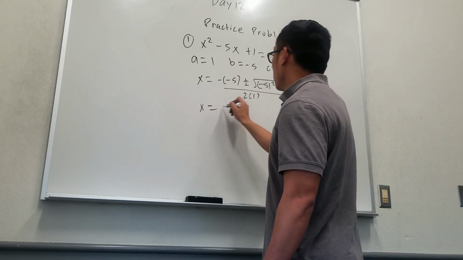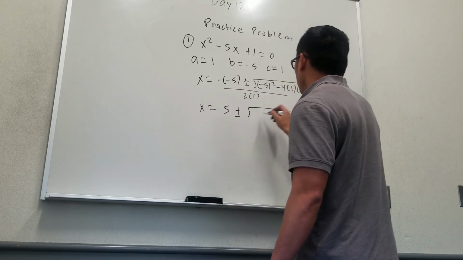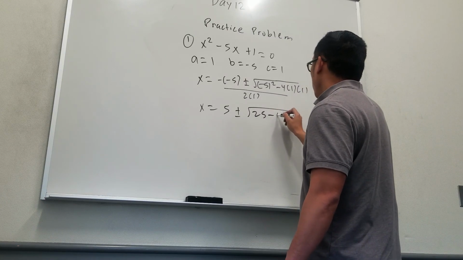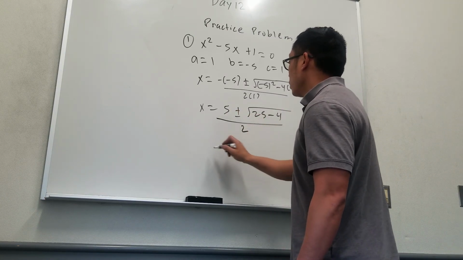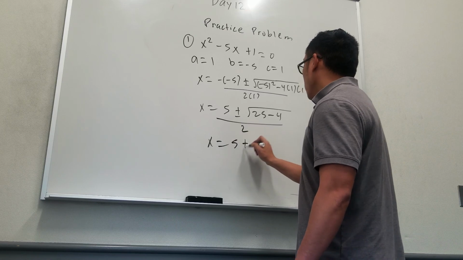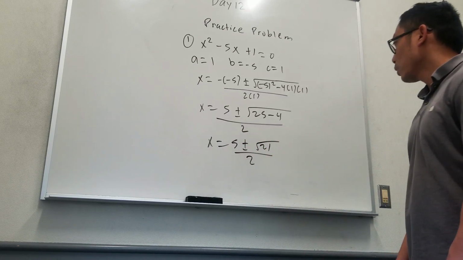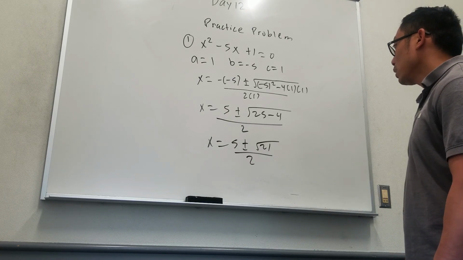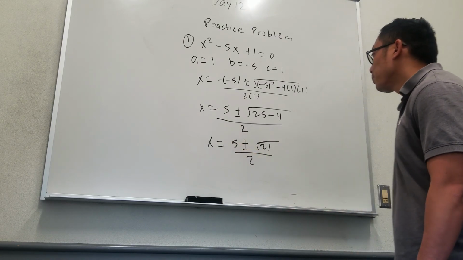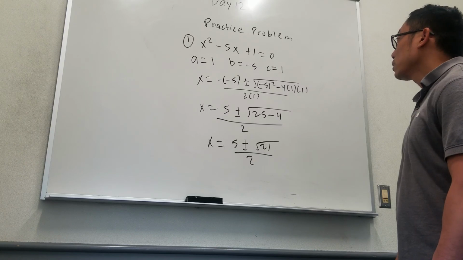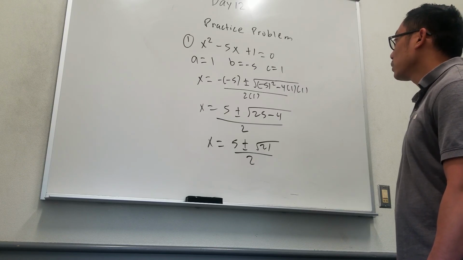So you have x is equal to 5 plus or minus the square root of 25 minus 4, all over 2. So x is equal to 5 plus or minus root 21 over 2. So 21 is 7 times 3. Can't do anything there, so we just have to leave it like that. So that's it. 5 plus or minus root 21 over 2.